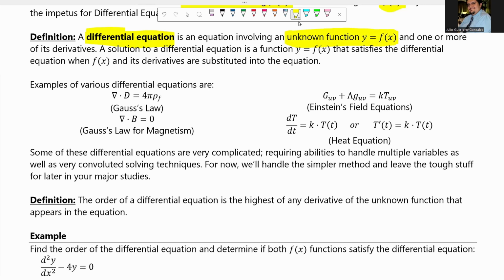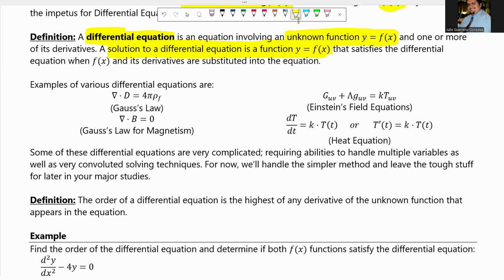It can be the first, second, third, fourth, fifth, whatever. A solution to the differential equation is a specific function f of x that satisfies the differential equation when f of x and its derivatives are substituted into the equation. Basically, if we grab our f of x, whatever it is, take derivatives of it, and put them back into our differential equation, then everything comes out to be a true statement. That is it.